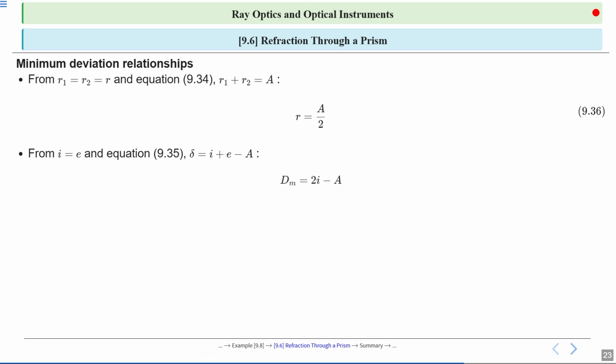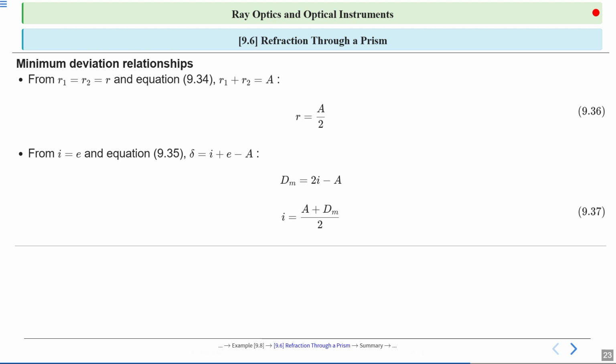In this case of minimum deviation, the deviation angle Dm can be expressed as Dm equals 2I minus A. This formula is significant because it allows us to calculate the minimum angle by which light is deviated as it passes through the prism, providing insights into the prism's optical properties.